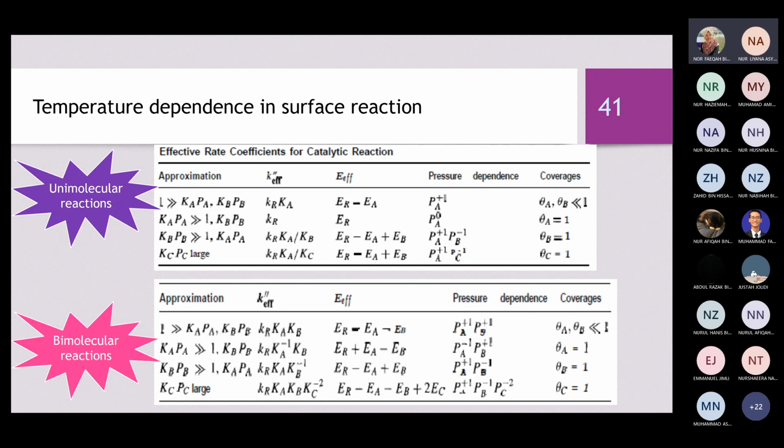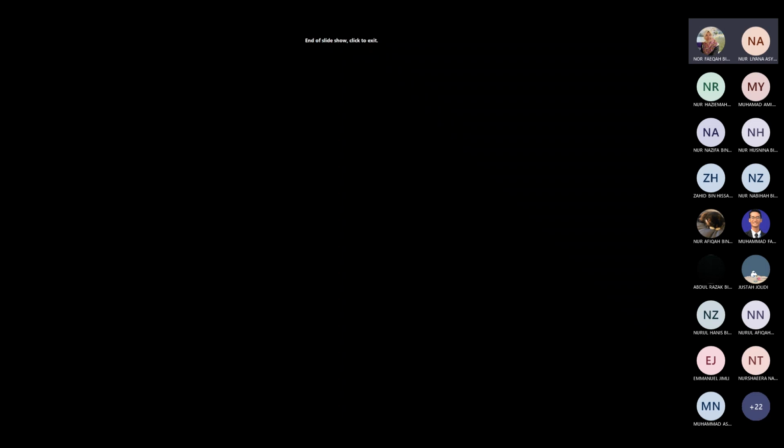And that actually this table referring to the adsorption coverage. Okay, ataupun adsorption isotherm. So yang ni only for adsorption isotherm. So yeah, ni just focus on adsorption steps of reaction, not the overall rate law derivation. Okay, ni tak ada.